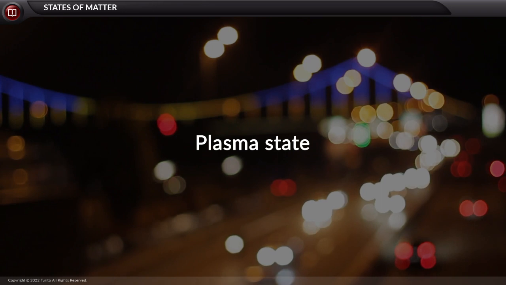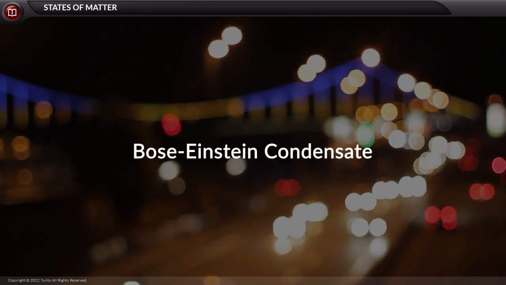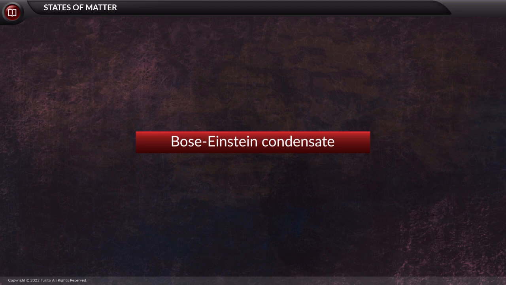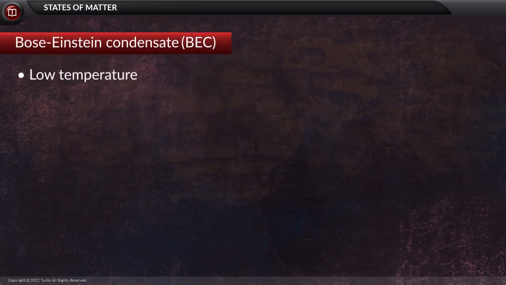Now, after the plasma state, let us talk about the Bose-Einstein condensate, which can also be written as BEC. This is actually the opposite of the plasma state. That is, it is seen at extremely low temperatures. Over here, we are taking a gas that is in a supercooled state. Here we take a gas that has very low density.